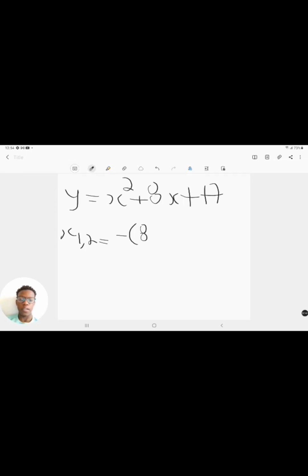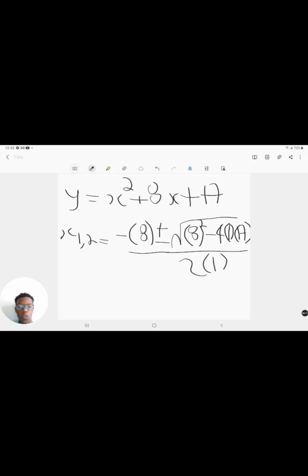Minus b is 8, hm, plus or minus the square root of 8 squared minus 4, where a is 1 and c is 17, all divided by 2a, where a is 1. So what is that? Now, I don't have to solve this entire thing.